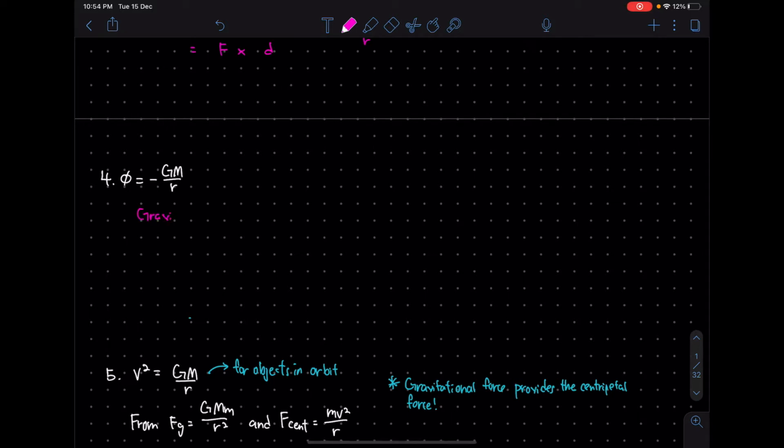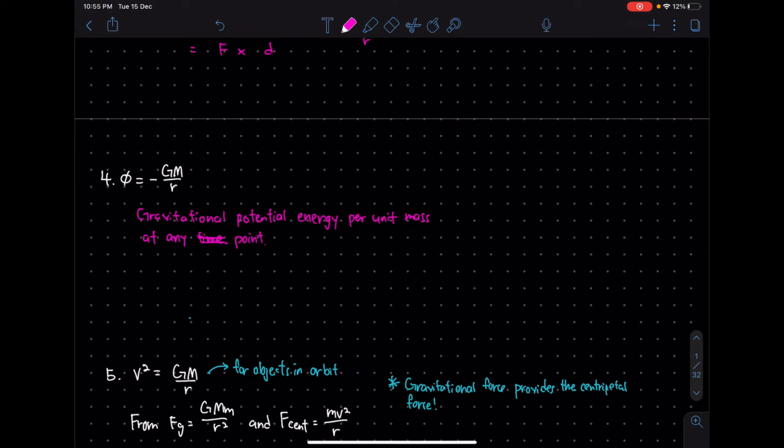So it means that it is the gravitational potential energy per unit mass at any point. Oh, sorry, not time, point.